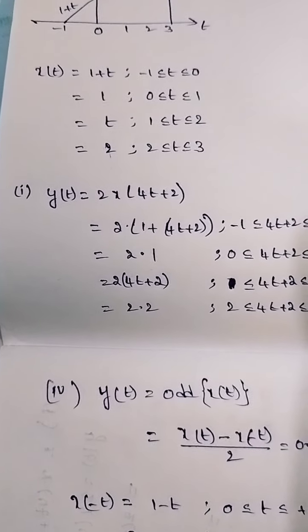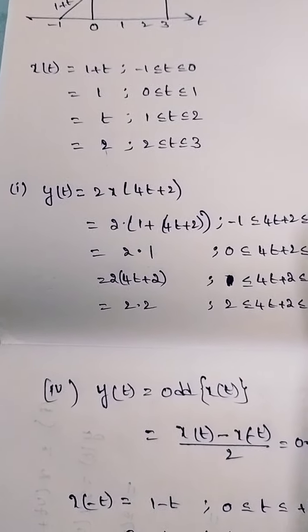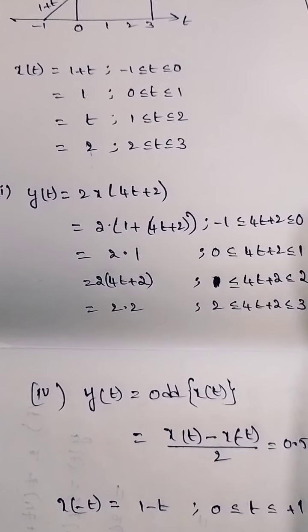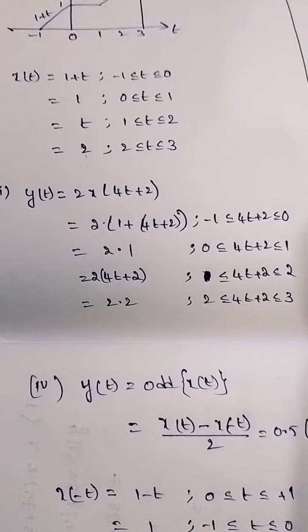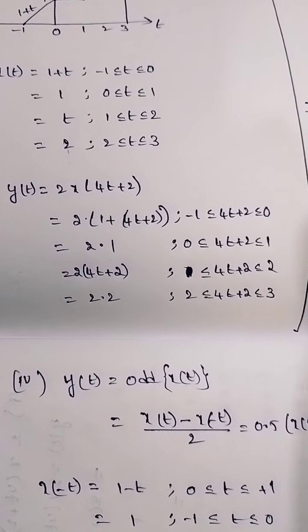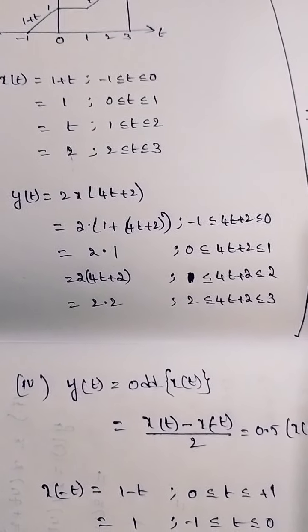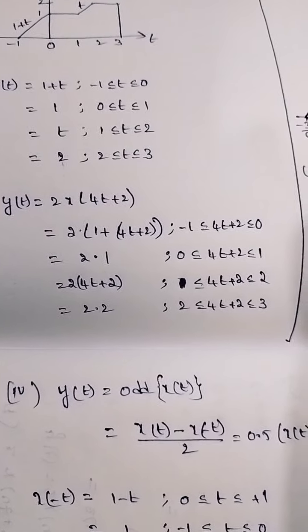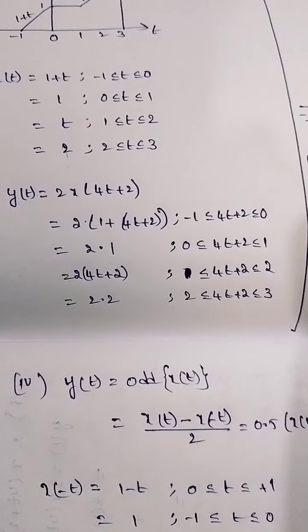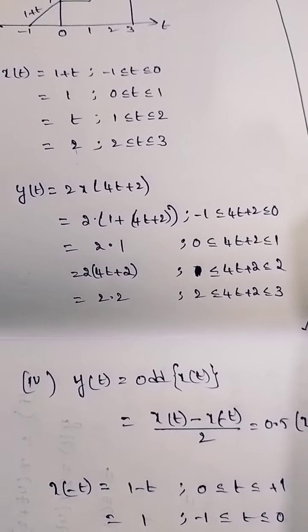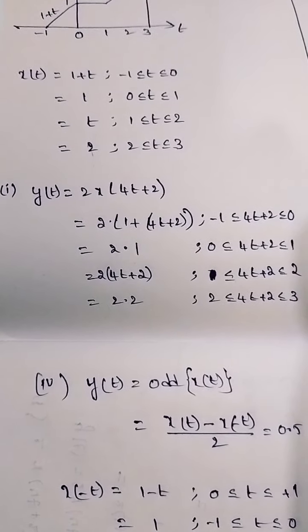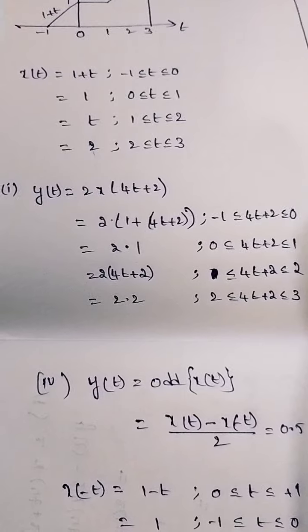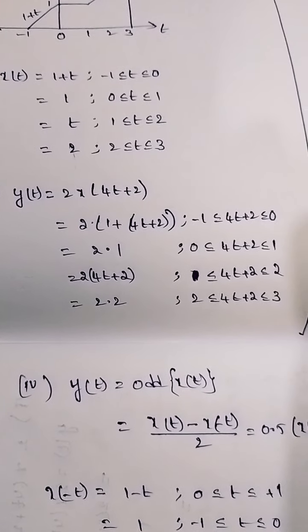In that, in the place of t, I substitute 4t plus 2. So 2 into 1 plus 4t plus 2, and the range of t also, in the place of t substitute 4t plus 2. Then you can get the equations like this. So just multiply the amplitude of x of t with 2, and in the place of t substitute 4t plus 2.